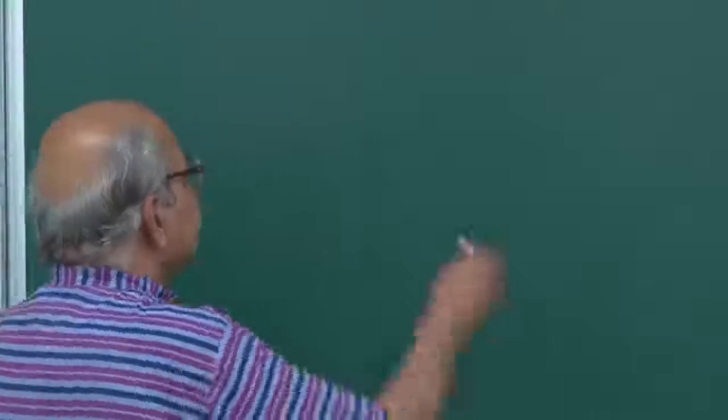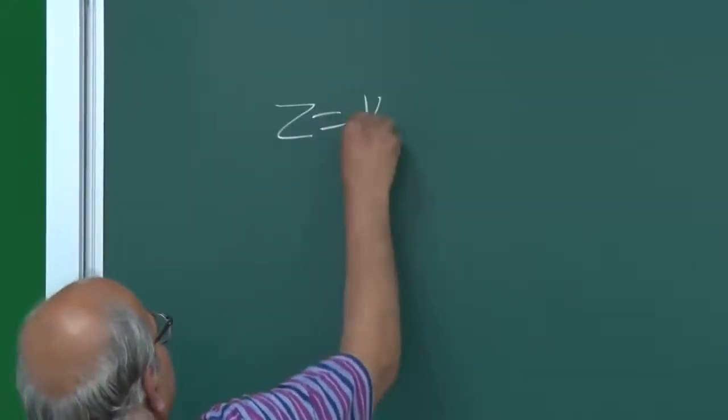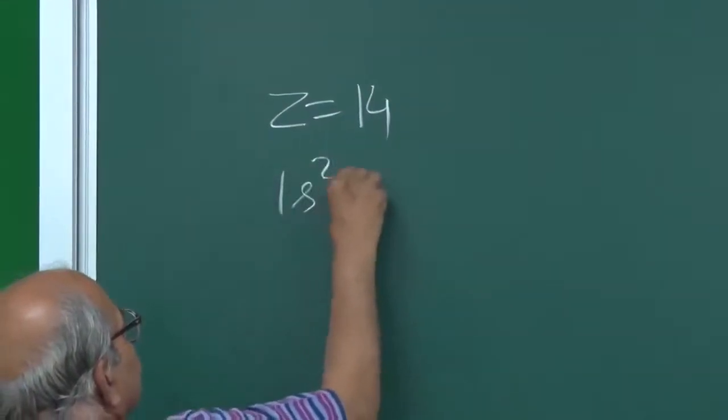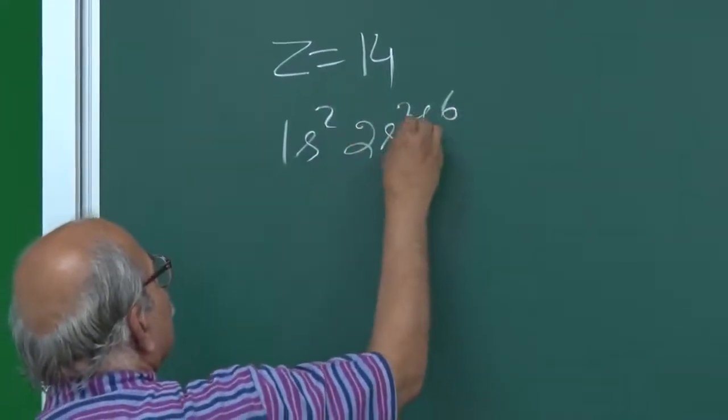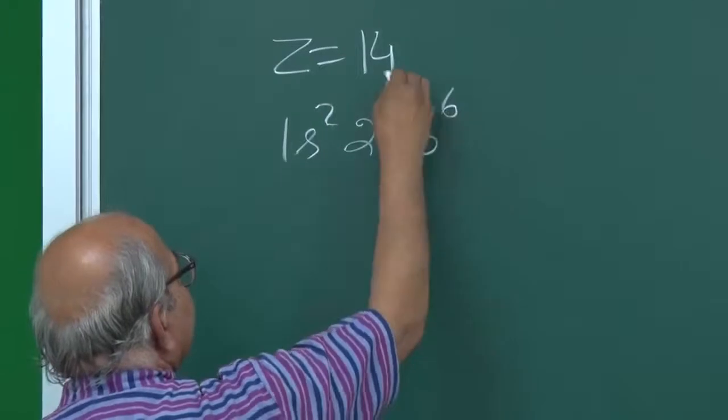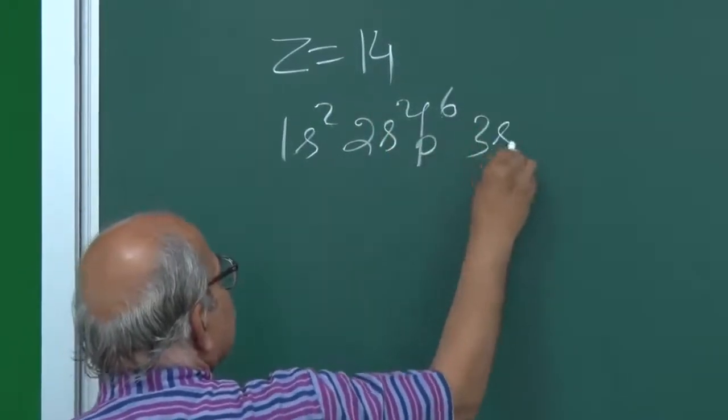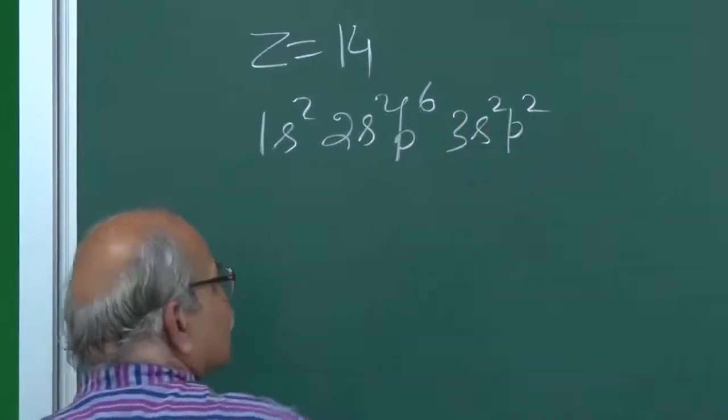Silicon is Z equal to 14, and the electronic configuration will be 1s2, 2s2, 2p6, so 2, 4, and then 10 and 4. So 3s2 and 3p2.